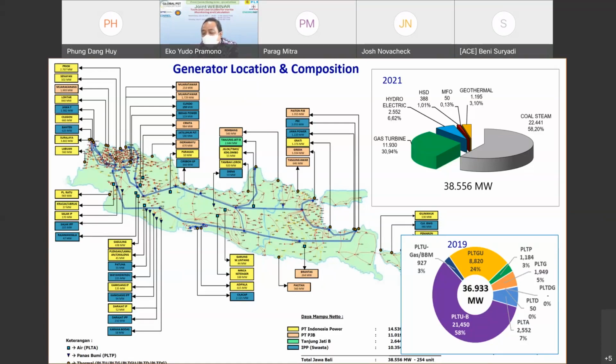In 2021, the 1,000 MW ultra-supercritical power plant, a new power plant, started operating in the Jawa Bali system. In the next few years, more generation of the same size will increase the system stiffness, but on the other hand will create significant frequency deviation when that new generation trips.